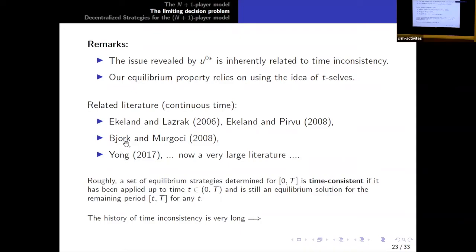Also, there is a very nice paper by Bjork and his co-author. It includes both discrete time and continuous time. And the history of time inconsistency is actually much longer. Okay, this is only for very recent literature.